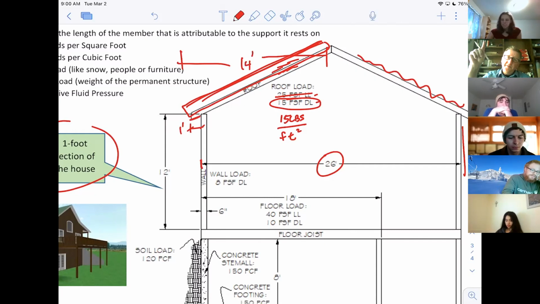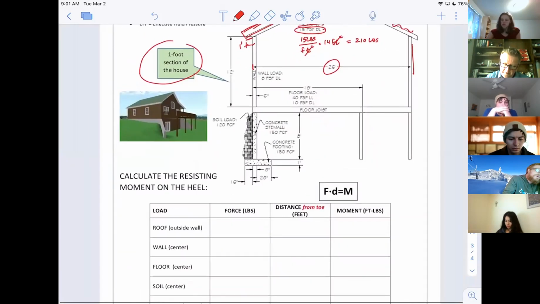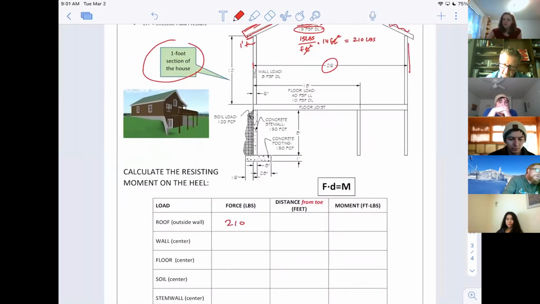And so it's 14 feet long and 1 foot wide. So does it make sense we have 14 square feet? So the square feet would cancel. So if I take 15 times 14, I get 210 pounds. Well, that's my first force, 210 pounds.